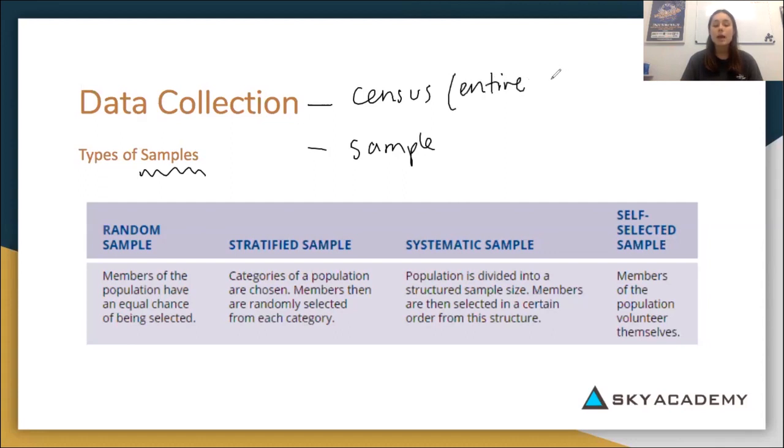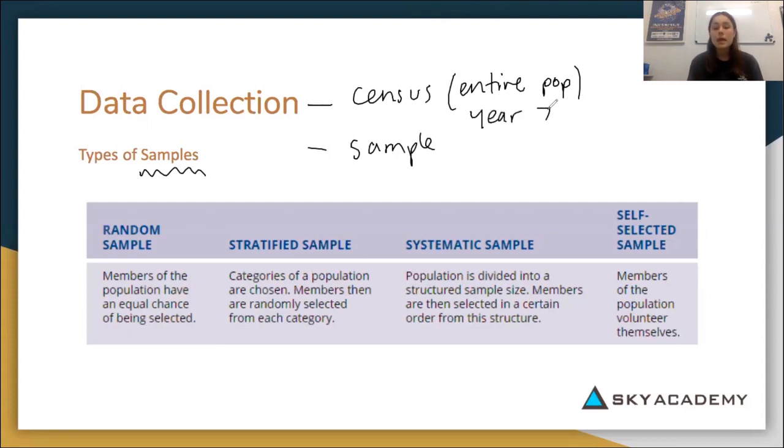It might not be the entire population of the world or of Australia, but it could be a census or a collection of data from the entire population of your year at school. So it could be the census from Year 7 at your school.